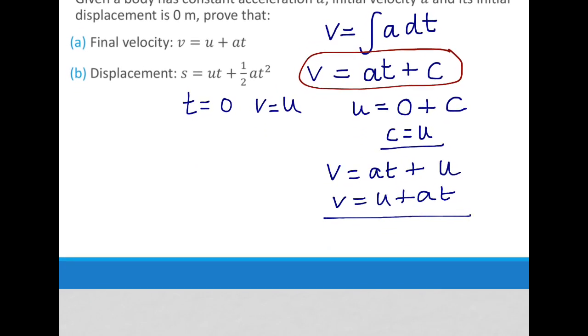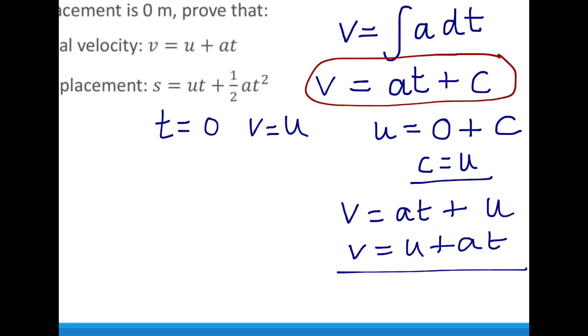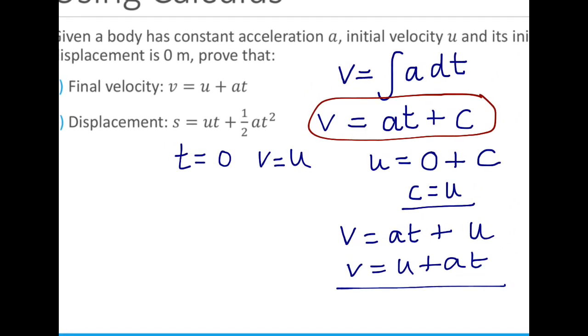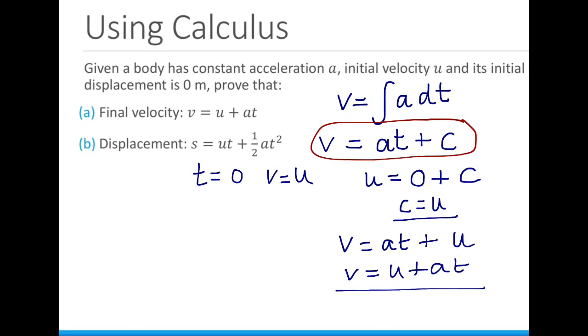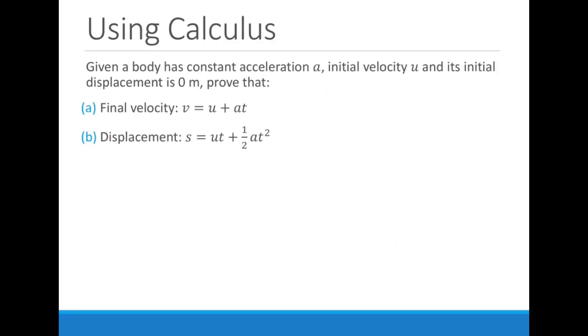And B, so I'm now going to have a go at the displacement, and for this I am going to move on to a new page, but I'm also going to have to take with me this v equals u plus at. So moving on to that new page and writing v equals u add at.